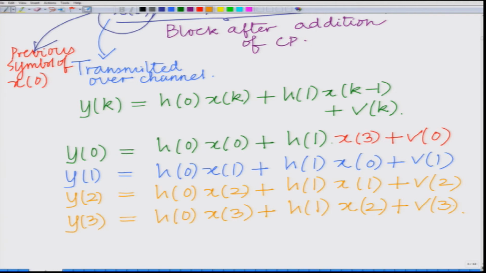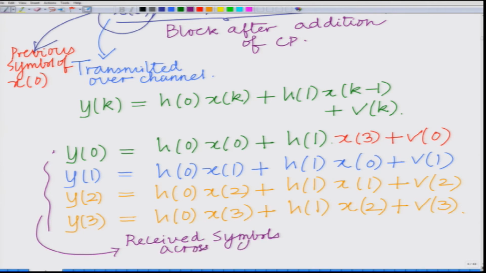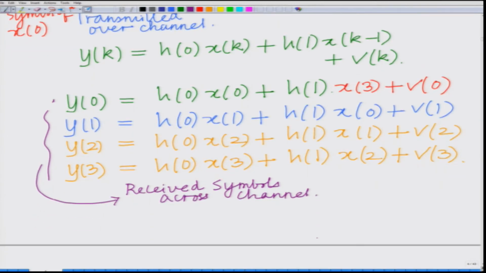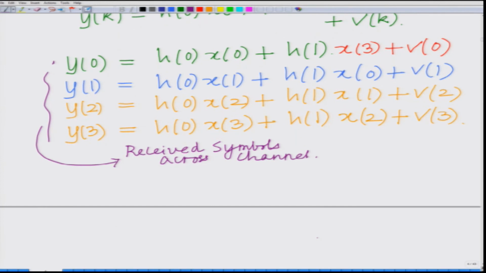This now gives us the received symbols across the channel. Alright, so we have the small y0, small y1, small y2, small y3, which are the received symbols.